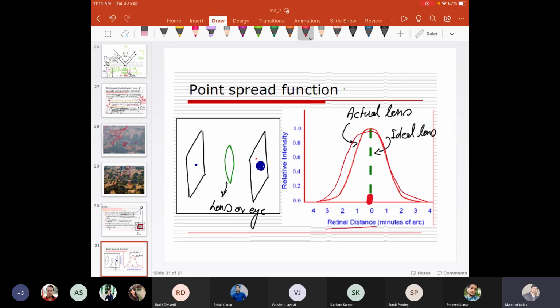If you consider the center of that particular area and move away from there, the maximum energy is sensed from that area, while the rest of the energy is sensed from the surrounding area. You see in this figure, if we have a point over here and see this point through the lens, it will be spread over here.